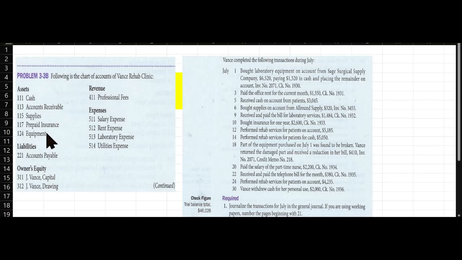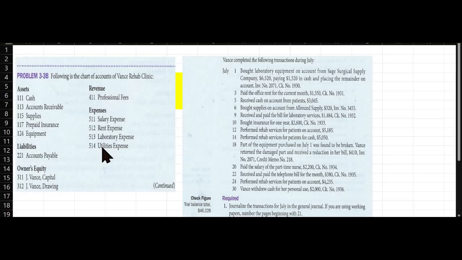Notice each has an account number, and you will learn after a while, depending on the company or the organization you're with, for example if you're at a bank, that each digit may be significant. For example, in this particular business, it seems all assets begin with a 1, all liabilities begin with a 2, each equity account begins with a 3, each revenue account begins with a 4, and each expense account begins with a 5.